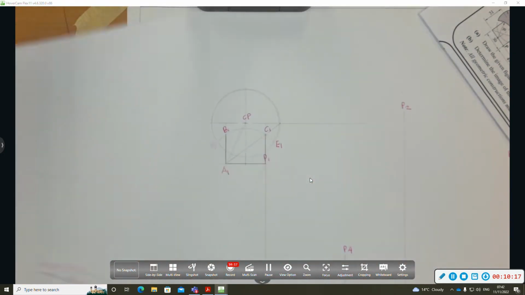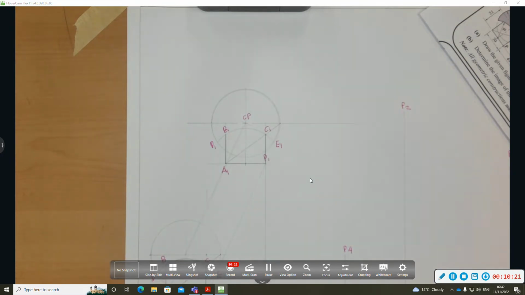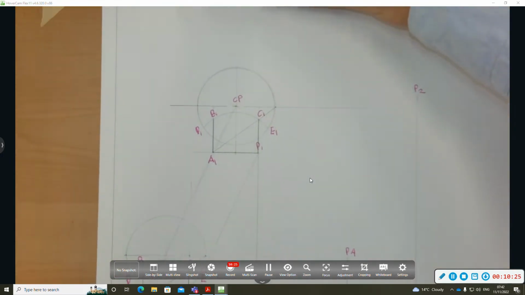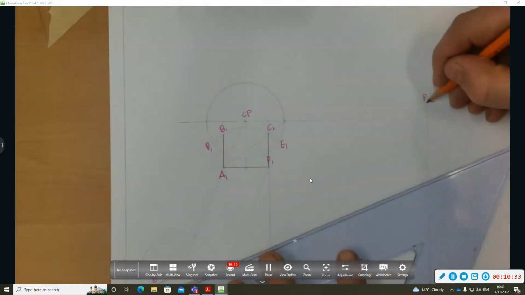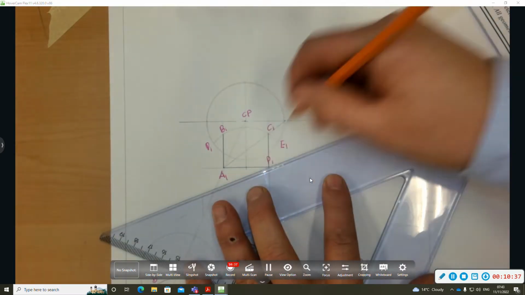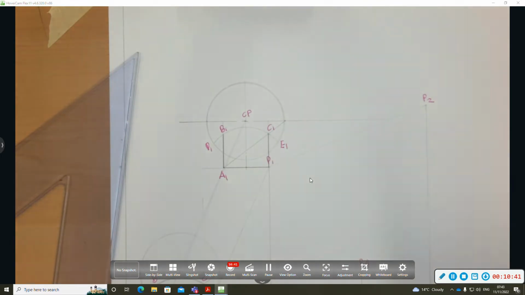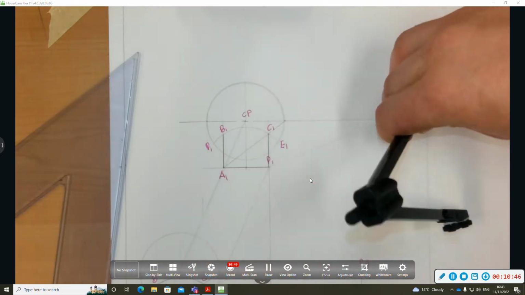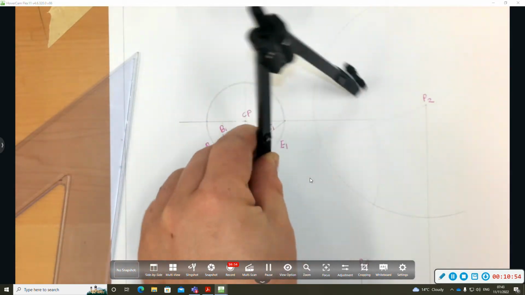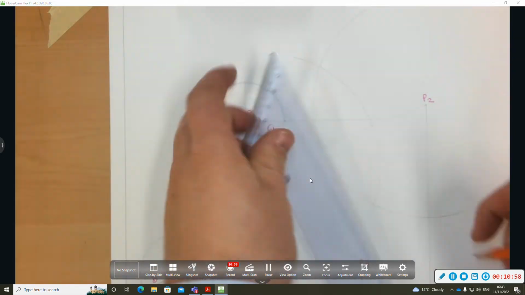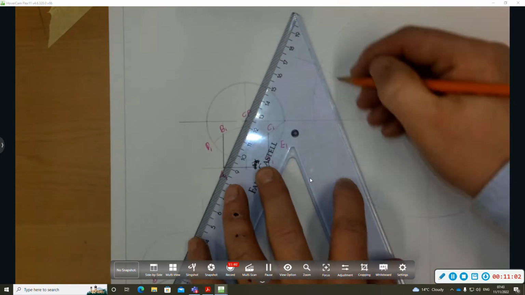Now, P1 to P2 is axial symmetry, so I'm going to have to join P1 to P2, bisect the line, and you could swing the points across. So I'm going to join P1 to P2, get my compass, set it to more than half the length of the line, swing an arc from each side where those arcs intersect. Okay, top and bottom are going to join them together.